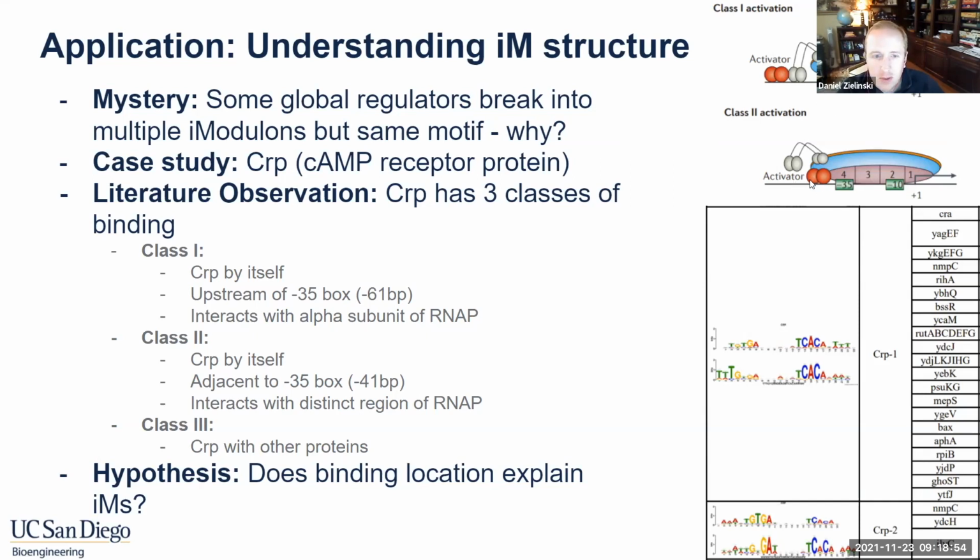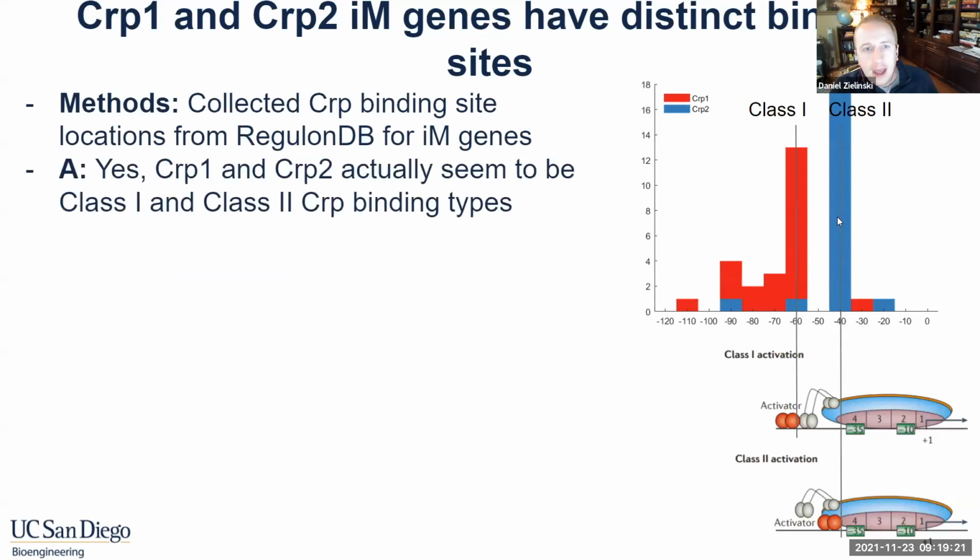It either binds directly upstream in class 2 at -41, or even further upstream at -61. This is known structurally, and the question is, do we have two iModulons for CRP because they represent these two modes of activation? That was the hypothesis.